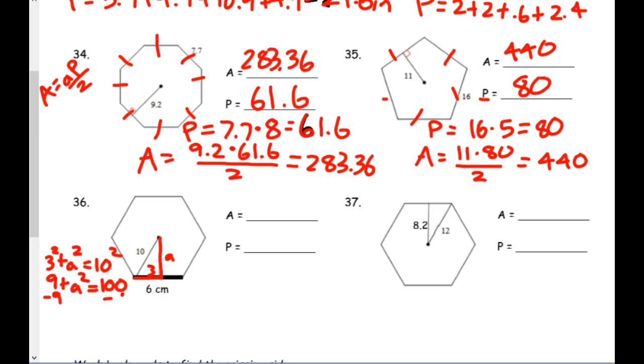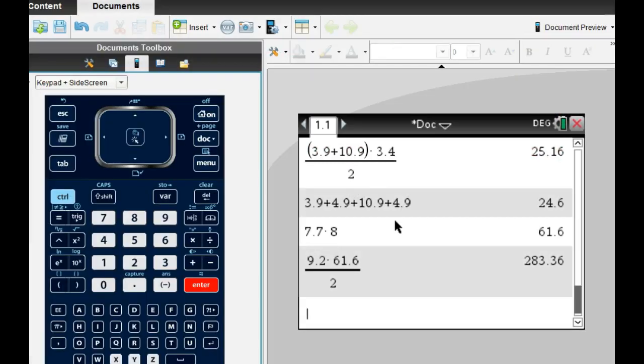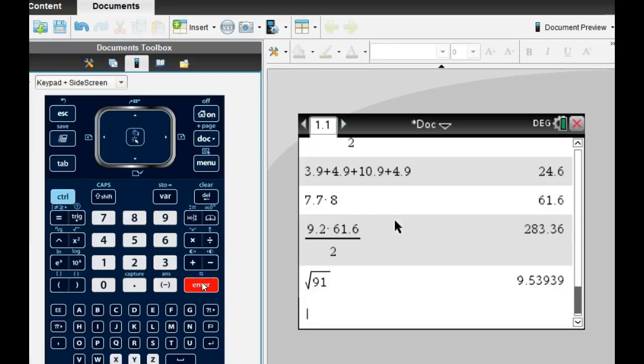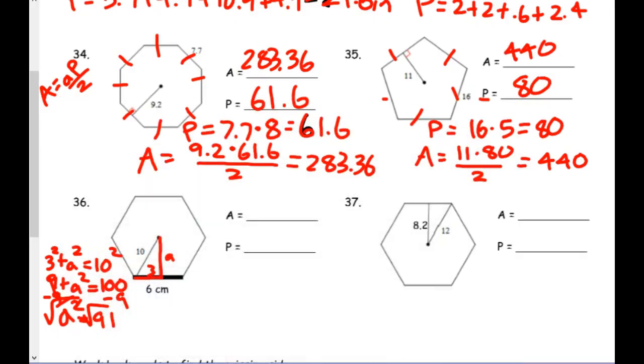We subtract 9. We get a squared equals 91. And we do the square root of 91, 9.54. So the apothem is 9.54.